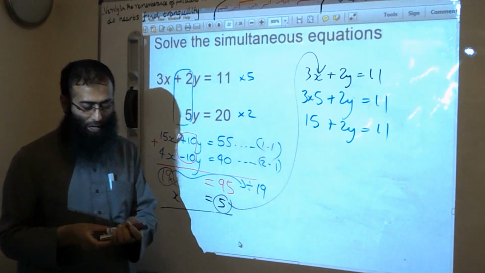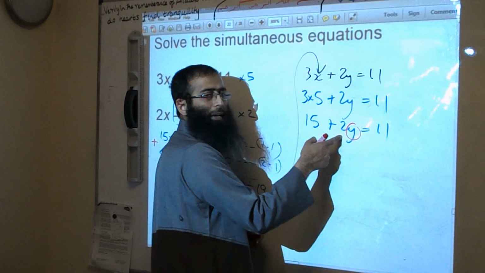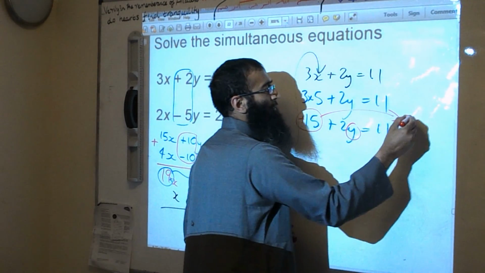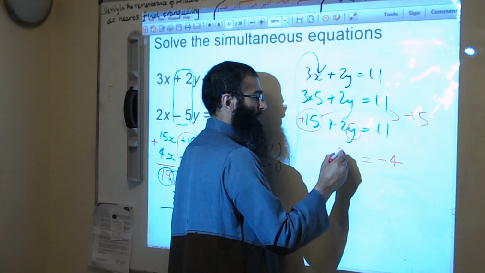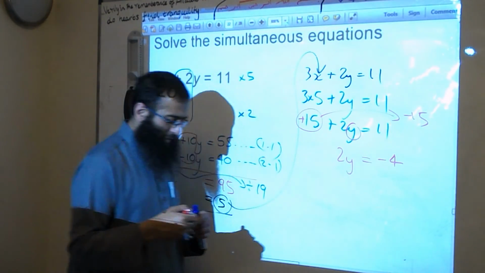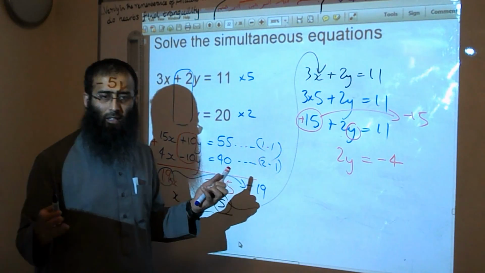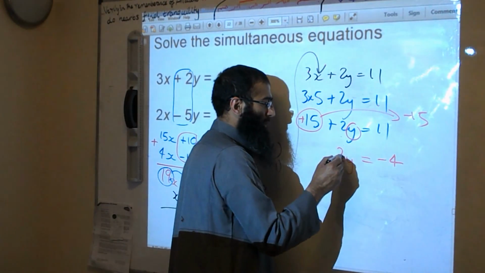We need to work out the value of y, so we have to make y the subject. Y is being timesed by 2 first and added by 15 second. The opposite of add 15 is take away 15. 11 take away 15 is minus 4. So 2y is equal to minus 4. Do not freak out if you see a minus number in the calculation. We are doing mathematics. We do have minus numbers in mathematics. Most students see that and stop.